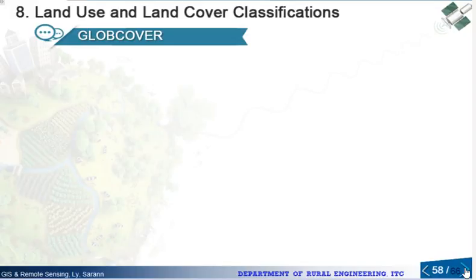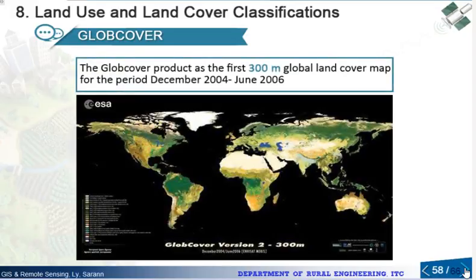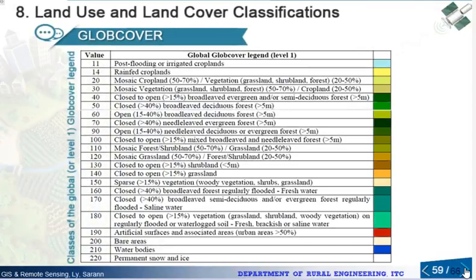So here we show you the GlobCover. The GlobCover product is the first 300-meter global land cover map for the period December 2004 to June 2006. So if we want to know about the different types of classes in the previous slide, here is the legend of the level 1 GlobCover regional classes.